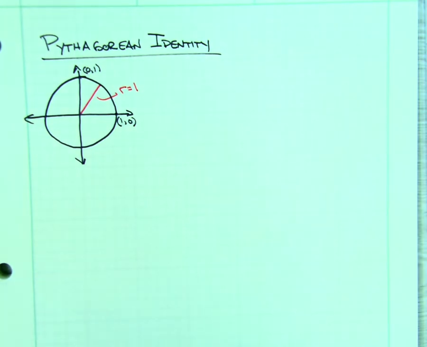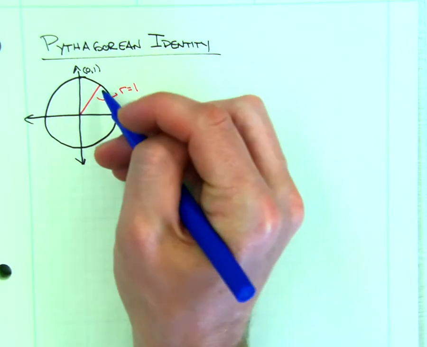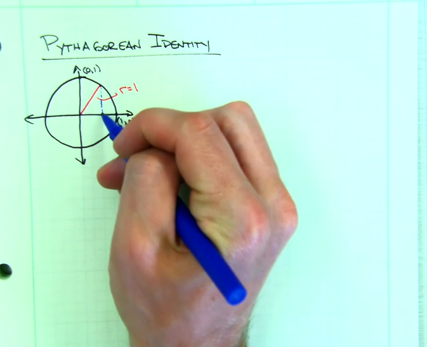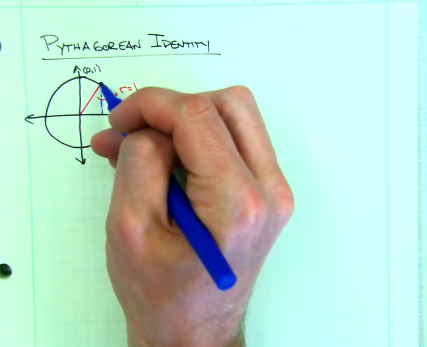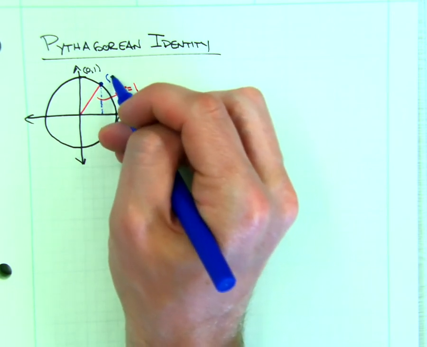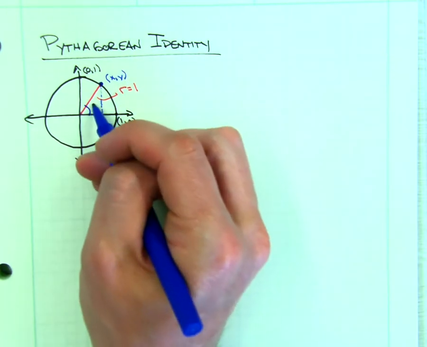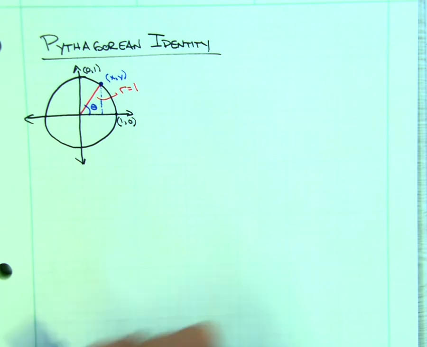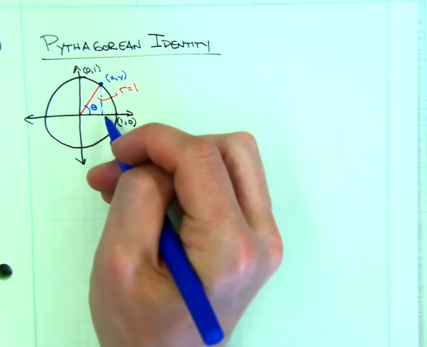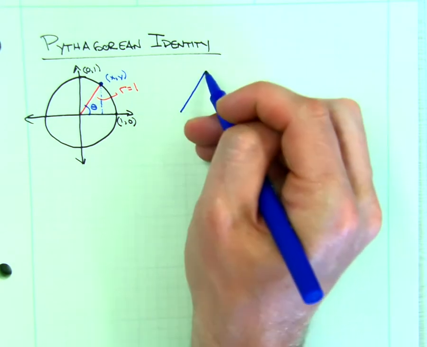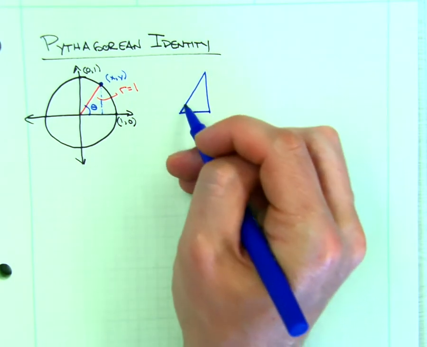Now, if I take a closer look at this, you can figure out this identity really quickly. If I drop a line right here, say I've got some point, I'm going to call it (x, y), and I've got some angle, theta. If I think about this as a triangle, I'll blow it up here.